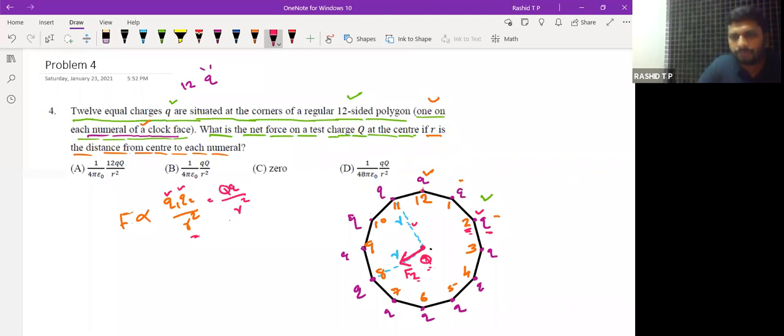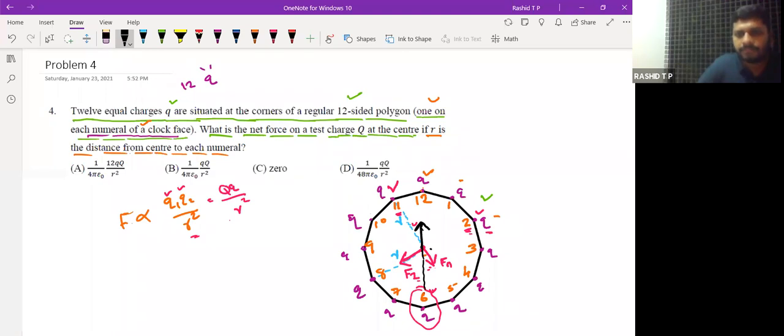Similarly, if you draw all the force diagrams, suppose the force exerted by the charge placed at 11 on the charge Q, both being positive charges, that will be a repulsive force. This is F11. And if you draw the force between the charge placed at this point, that is 6, and this charge, that will be along this direction, because this force is acting along the line joining the charges.